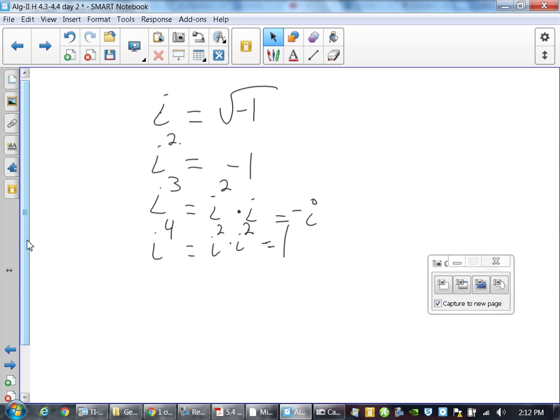I can't do 28, so I'll do 27. This much, exponent-wise, is i to the 24th. Well, what's i to the 4th? 1. So what's 1 times 1 times 1 times 1 times 1 times 1? 1. And what's i cubed? So this equals negative i.